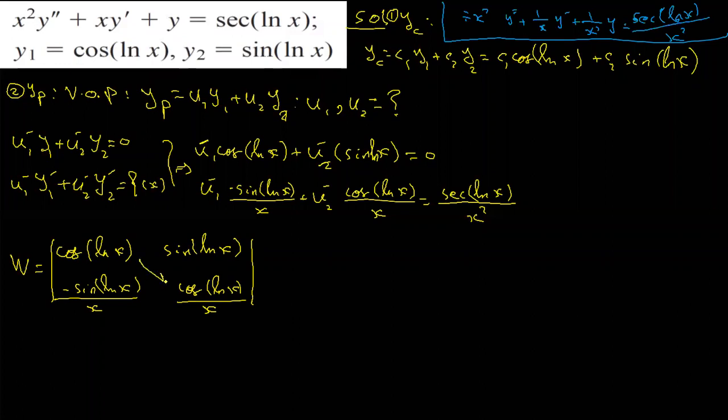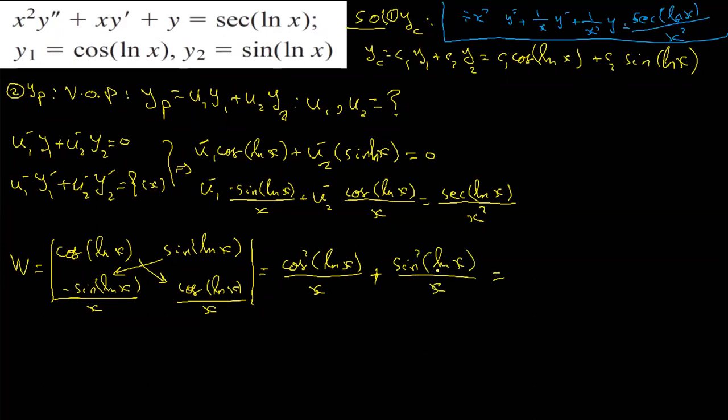Now it's very easy to multiply this by this, so it has cosine squared ln x all divided by x, minus, and this by that I have minus, so it is plus sine squared ln x divided by x.